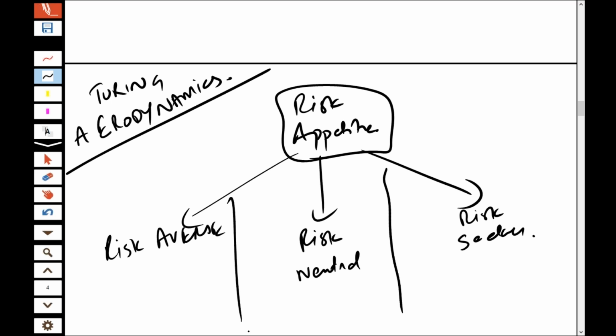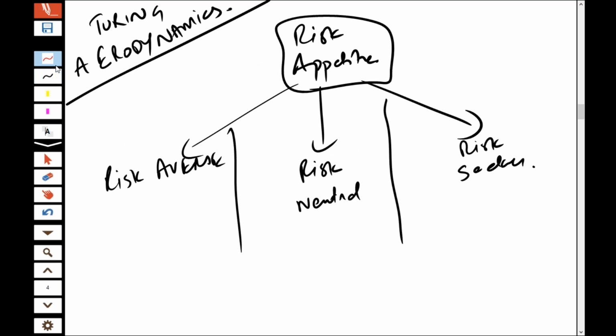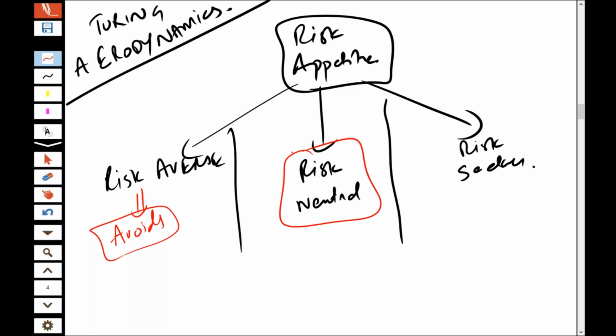Now, what exactly do we mean by this? An entity which has a risk averse approach avoids every possible type of risk. Let me repeat. An entity which has a risk averse approach avoids every possible type of risk. Whereas the risk neutral entity would avoid risk to a certain extent, and it would take risks to a certain extent.